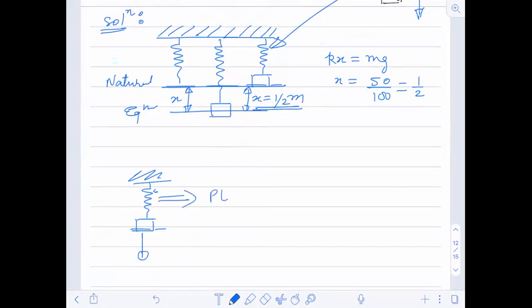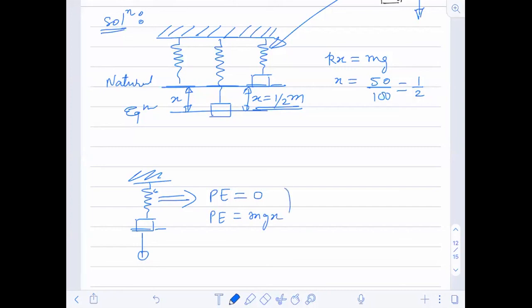The potential energy in the spring will be 0 at this state because it is in natural length. So there will be no potential energy stored in the spring right now. But there will be potential energy stored in the mass, and that will be mgx.